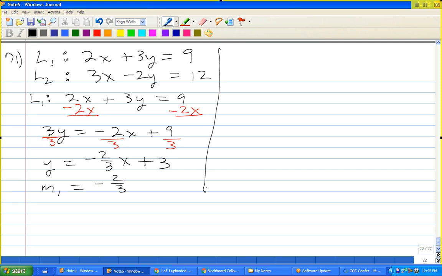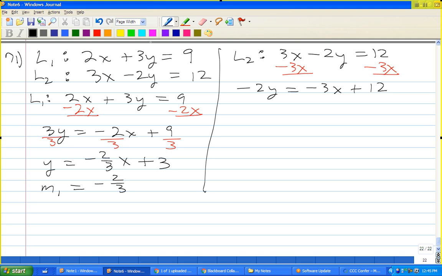Let's find the slope of the second line. 3x minus 2y equals 12. Subtract 3x from both sides of my equation. So negative 2y equals negative 3x plus 12. Divide both sides of the equation by negative 2.